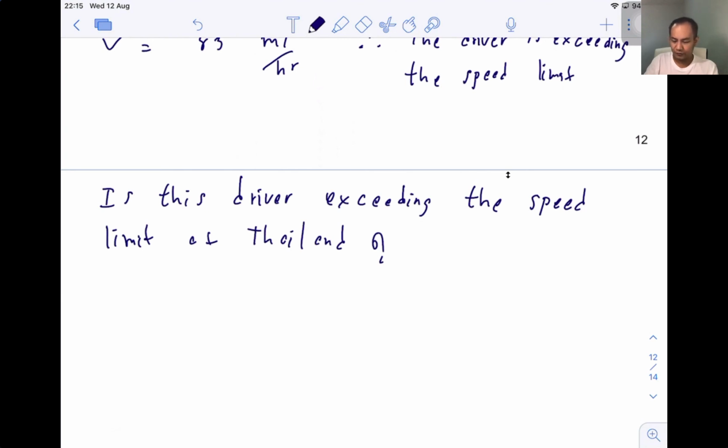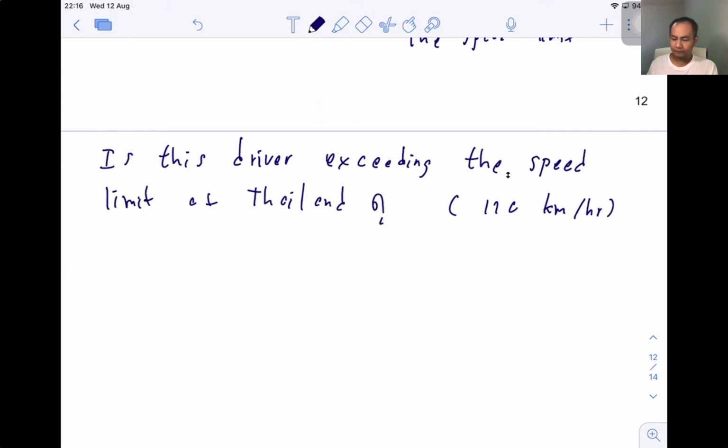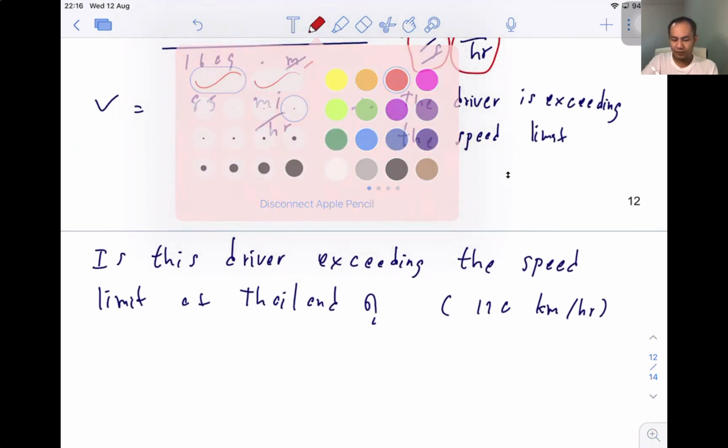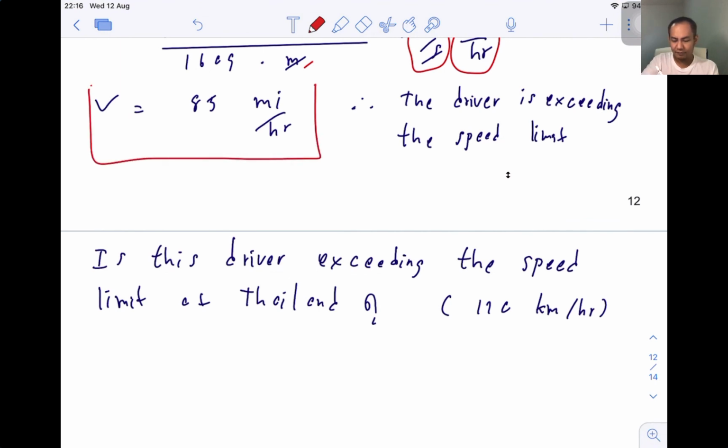So we will use 110 kilometers per hour, but if you drive in the city, it will be 80 kilometers per hour. Okay, so please remember. Now we have to convert the unit again using this answer.